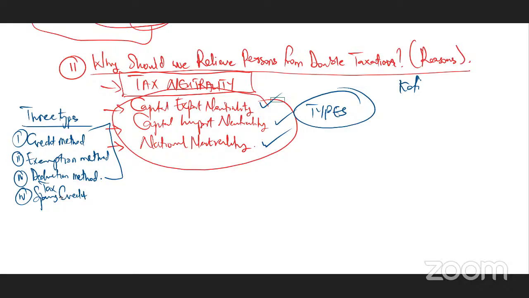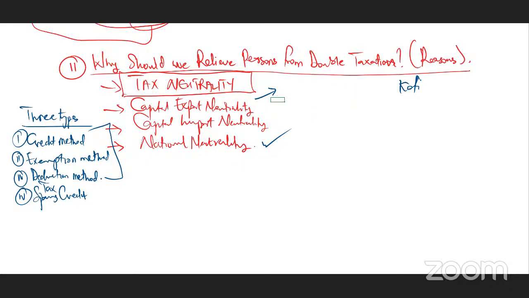Now look here. So this capital export neutrality supports the credit method. What did I say? It supports what? The credit method. The capital import neutrality supports the exemption method. So let me just give it to you straightforward so you know each of them is linked with a particular method. So the credit method was created because of capital export neutrality.